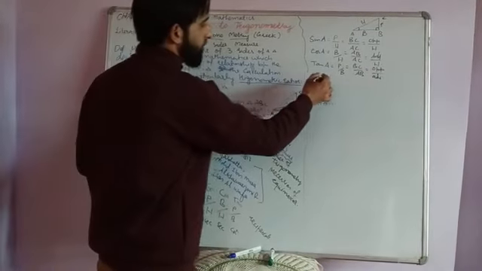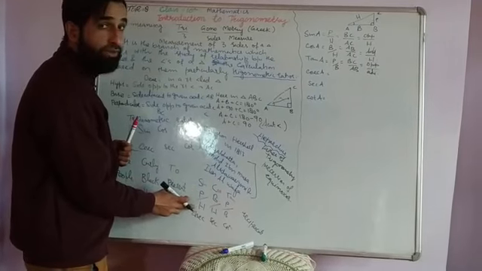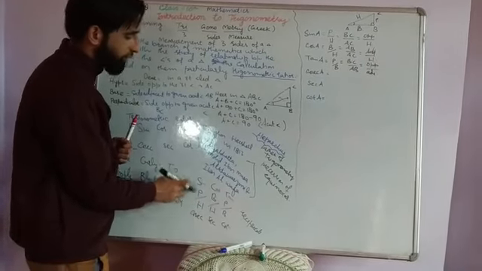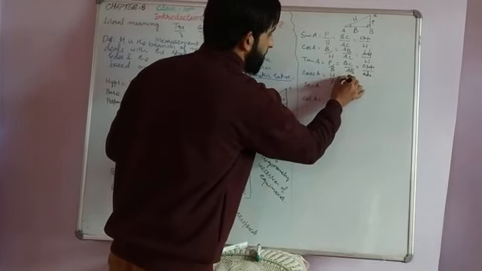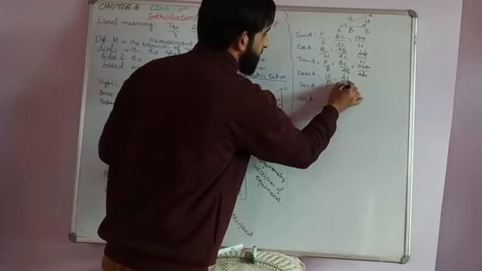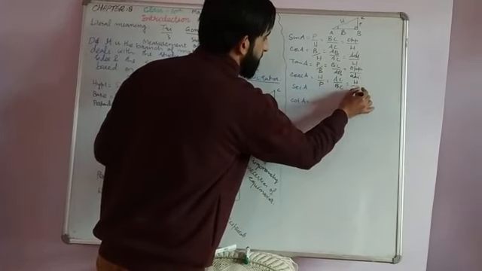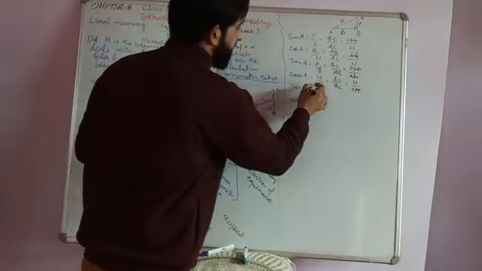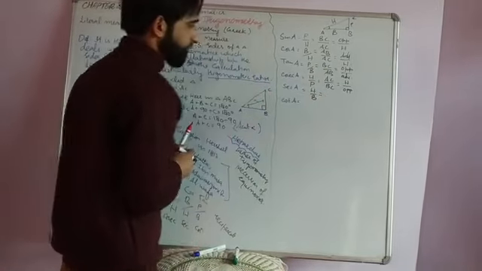Now, we will calculate cosec A. If sine is equal to perpendicular divided by hypotenuse, then cosec is equal to hypotenuse divided by perpendicular. Here, hypotenuse is AC and the perpendicular is BC, that is hypotenuse divided by the opposite side to the given acute angle. Similarly, sec A, hypotenuse divided by base.